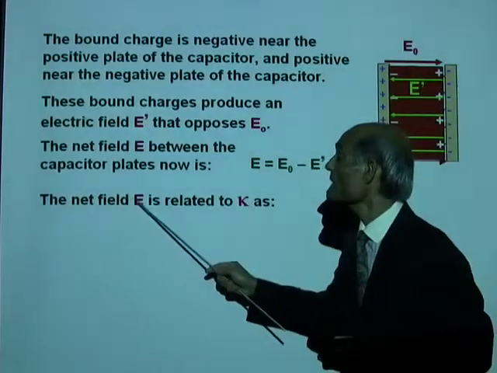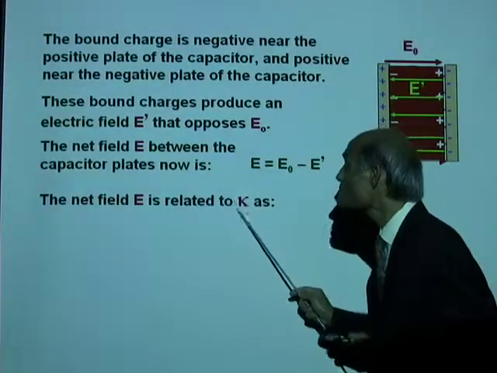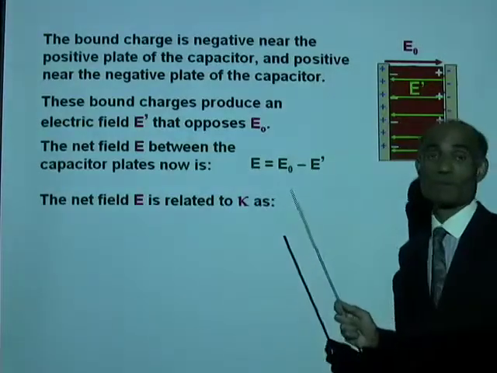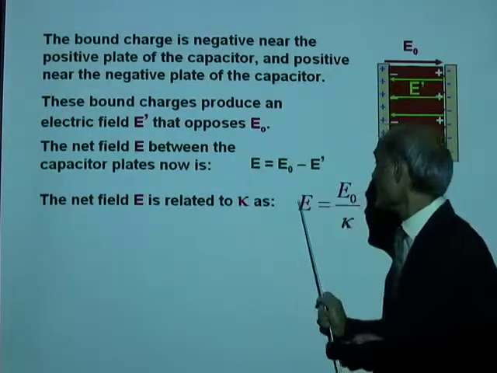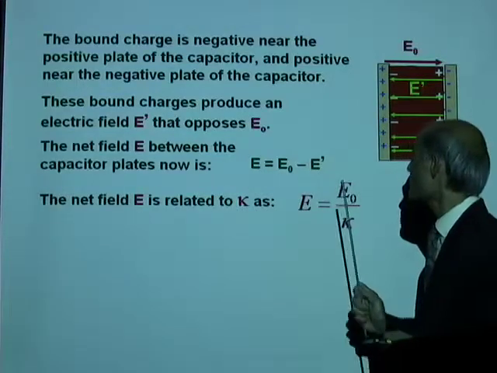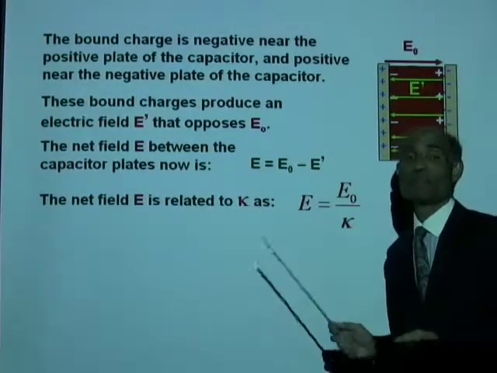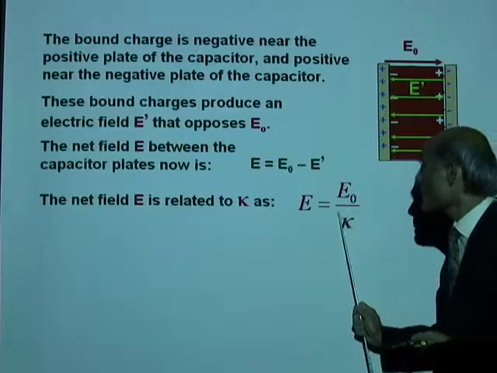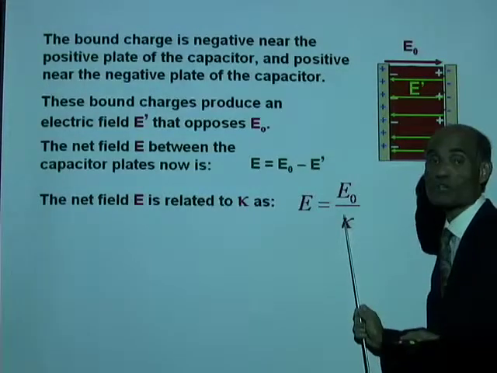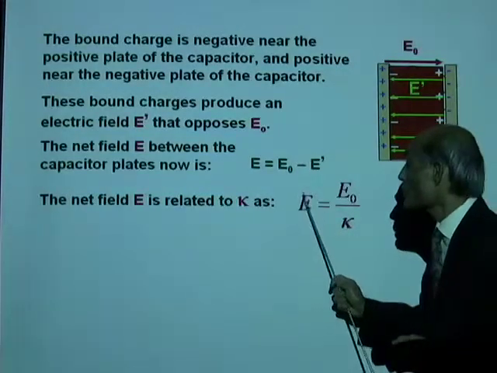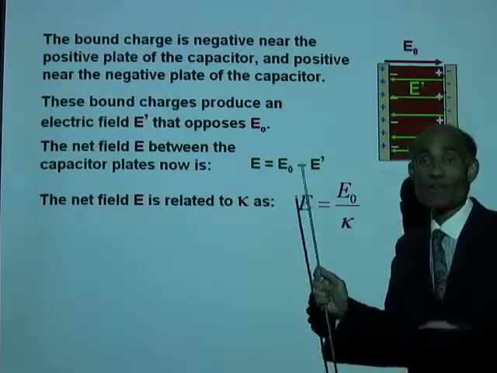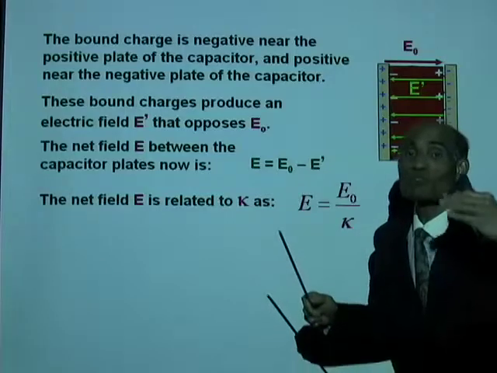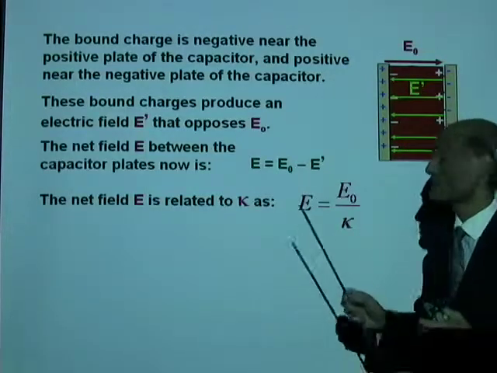The net field E is related to kappa. How is the net field related to kappa? E equals E0 divided by kappa. That means if kappa is very large, this resultant field will be small, and that is how it influences the capacitance of the capacitor.